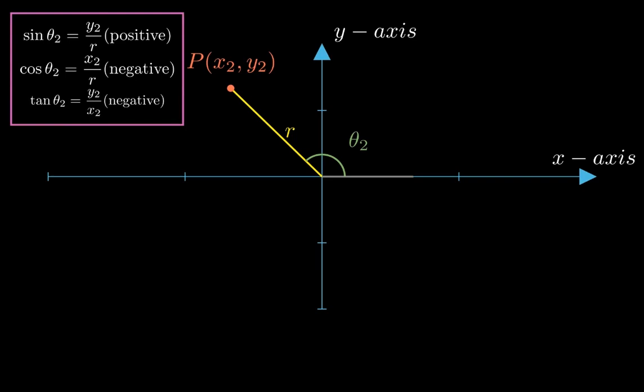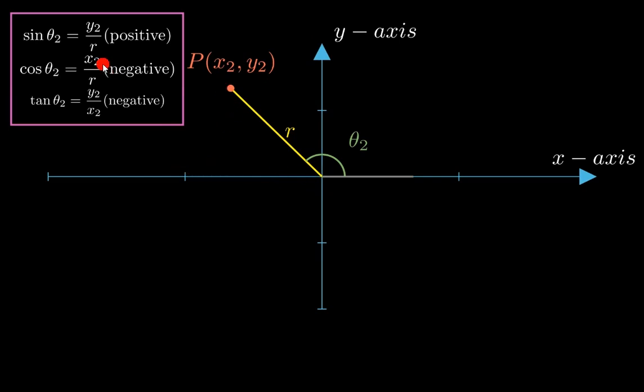And now we have here that sin theta 2 is the only one which is positive. Why? Because sin theta 2 is y2 over r, and y2 is positive in the second quadrant. In this quadrant, the y's of this side are positive, but the x's are negative. As you can see from 0 this side, negative.